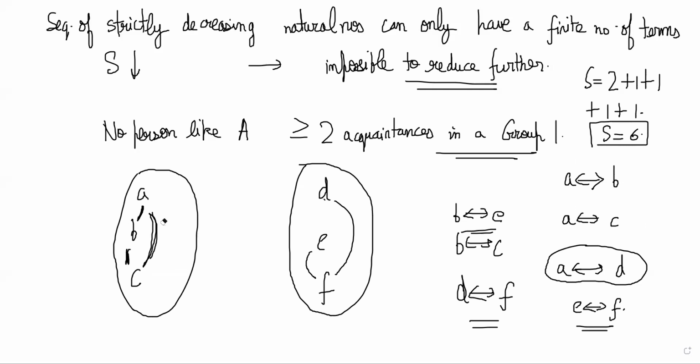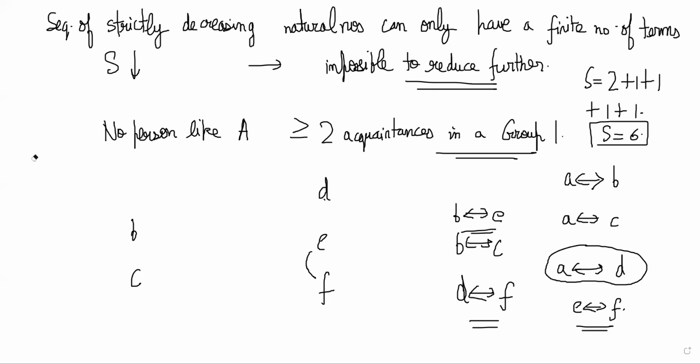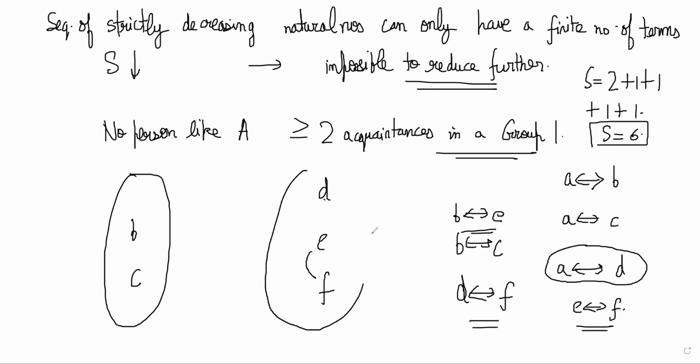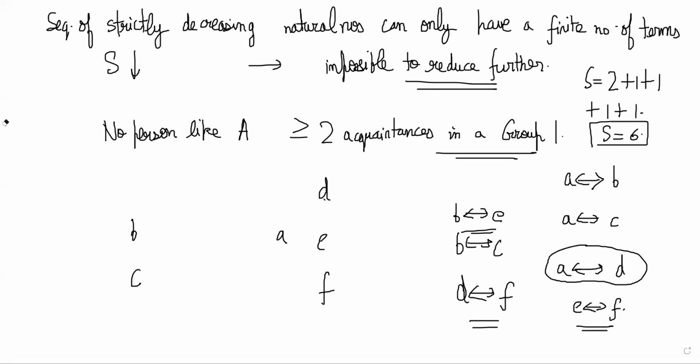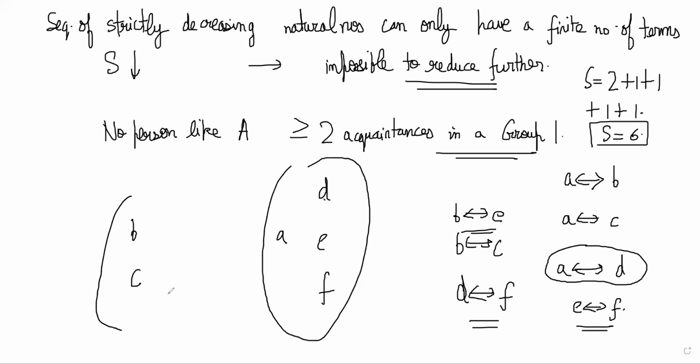We remove A from here and we put A in the second group. As a result of this, let's think about what has happened. Here B and C are still linked. Now A and D are linked, and D and E were not linked. D and F were linked, and E and F were linked.